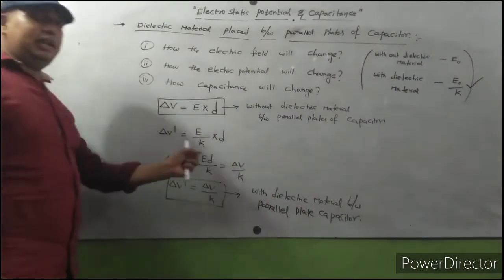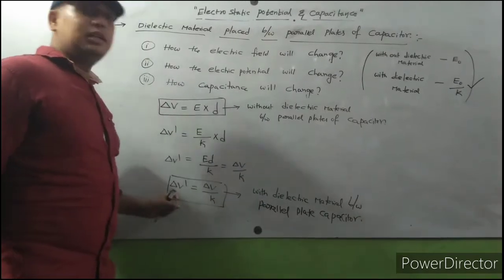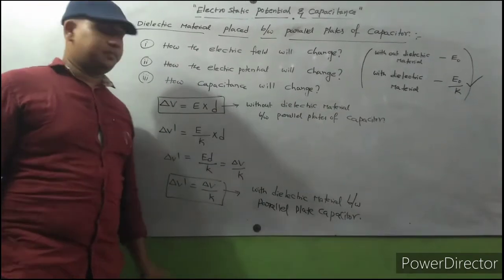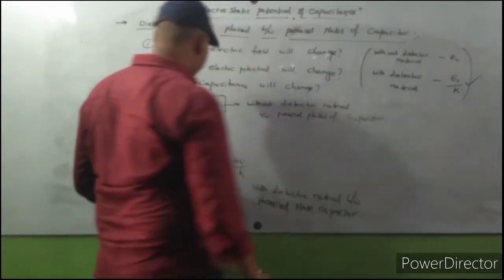If dielectric material is present between the parallel plates of a capacitor, that means the potential difference will change to delta V by K.